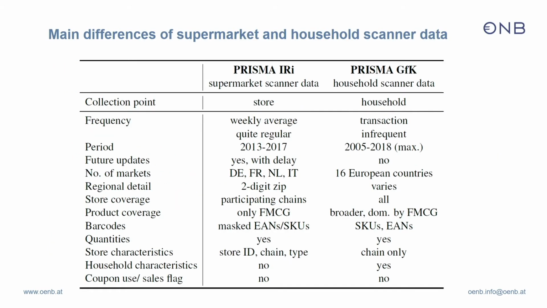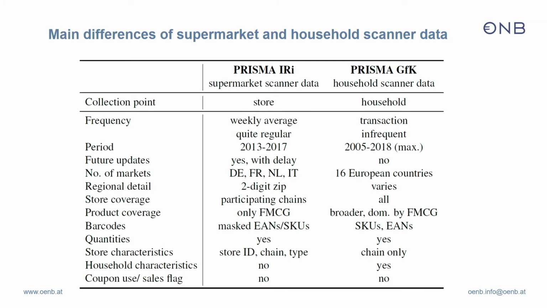So as I said, two sorts of scanner data: supermarket and household scanner data. The unique advantage of household scanner data is that we have real transaction data. So we see when the household buys or purchases a good, it's scanned and it's transmitted to the household panel holder, which is GfK.